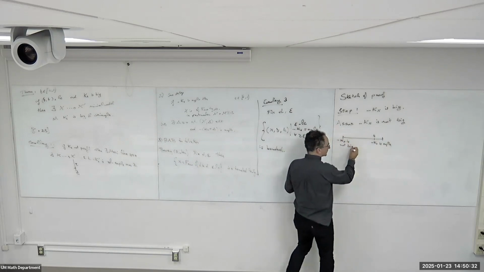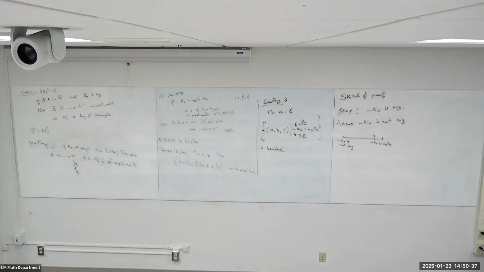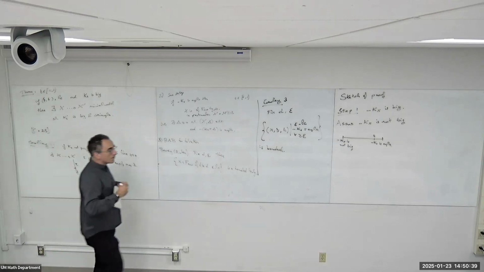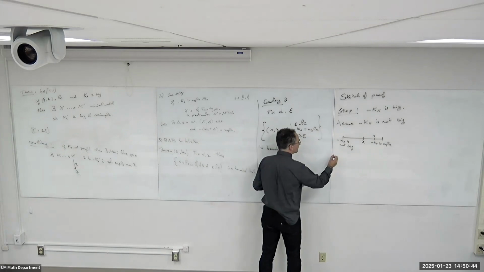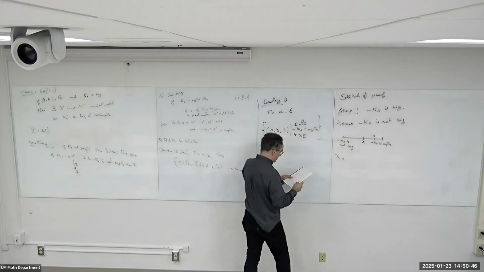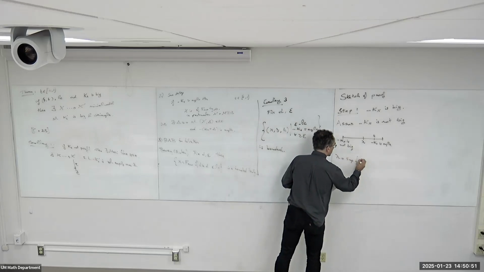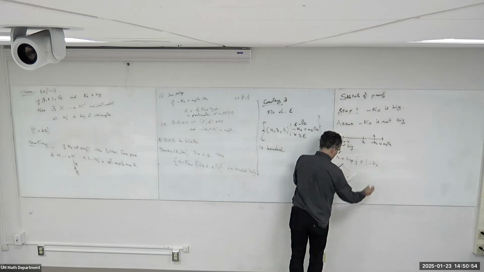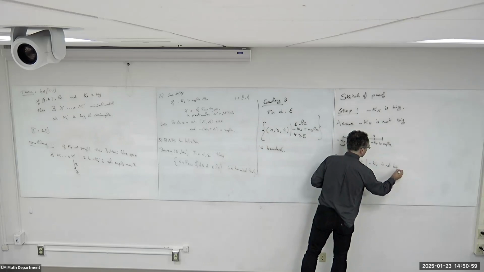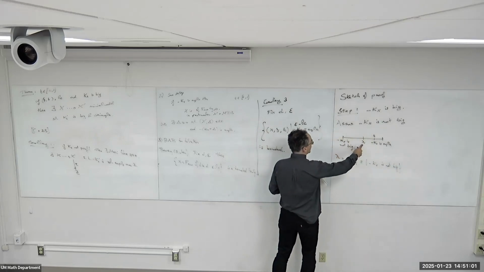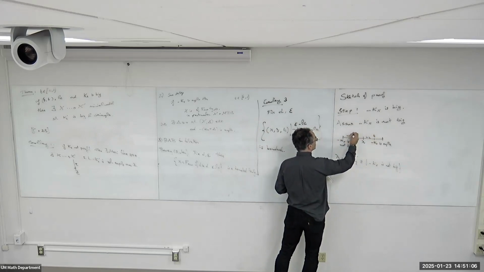So I need to change a pen because this is unreadable. Okay, so I choose lambda, which is somewhere in the middle, to be the sup of all the s such that minus K_s is not big. Okay, so lambda is somewhere here. Here are all big, and this is not big.